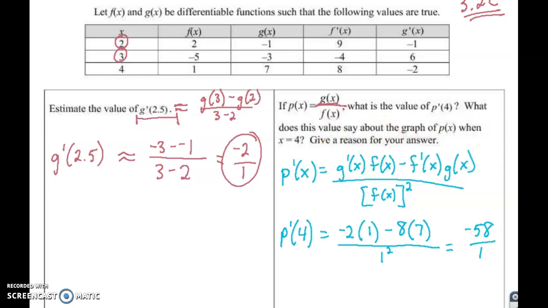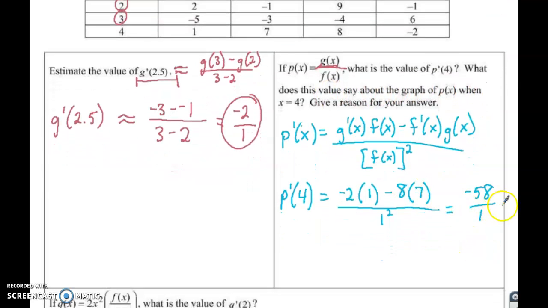So what does that mean? Well, that is a negative value. I like to just write that it's less than 0. So the graph of p of x is decreasing because we had a negative slope at x equals 4.